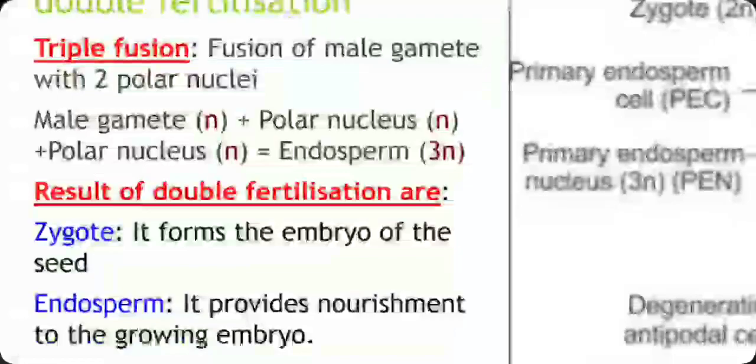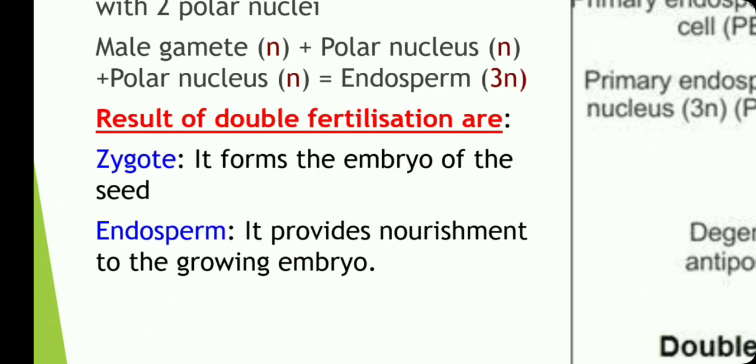As you know, the first male gamete fuses with the egg cell, so it forms the zygote, and the zygote undergoes development and forms the embryo of the seed, which is very, very important because for further development, this embryo develops into root and shoot. The second one is that after triple fusion, endosperm is formed. It is a result of double fertilization and triple fusion.